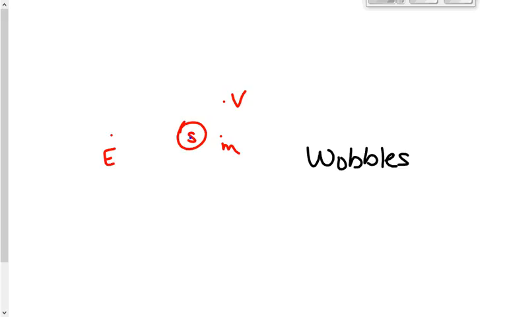If the source is approaching you as opposed to moving away from you, it's a Doppler shift, like when the ambulance comes up from behind you.